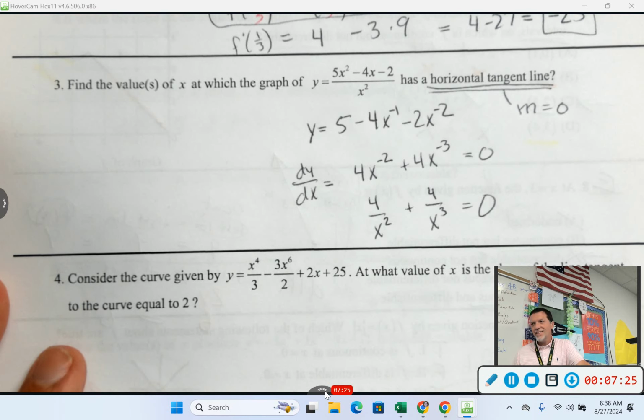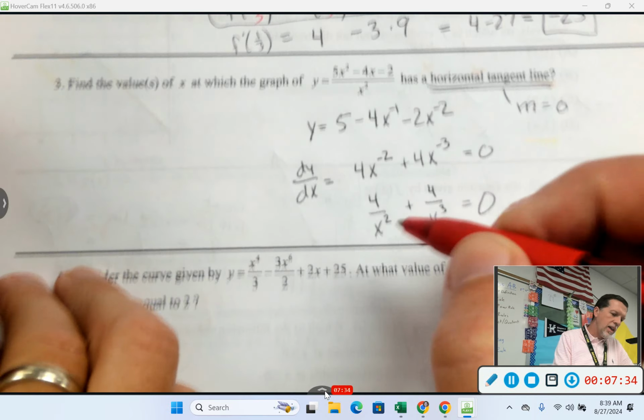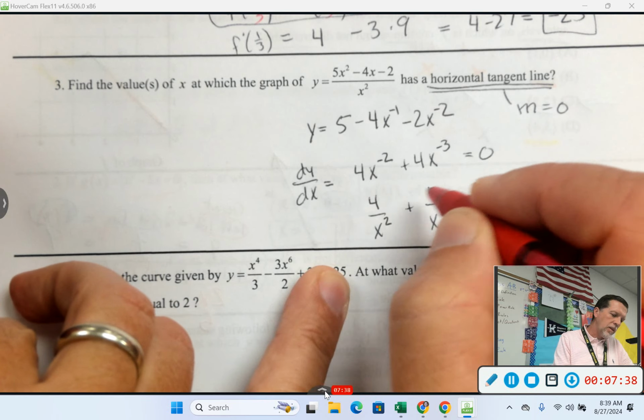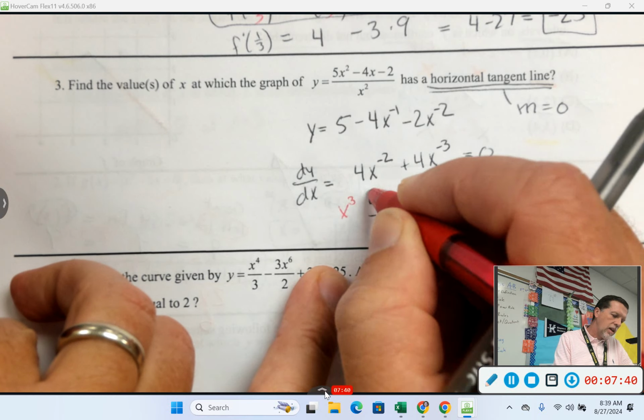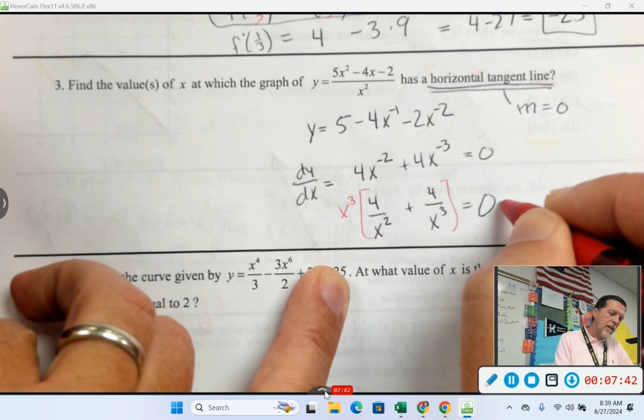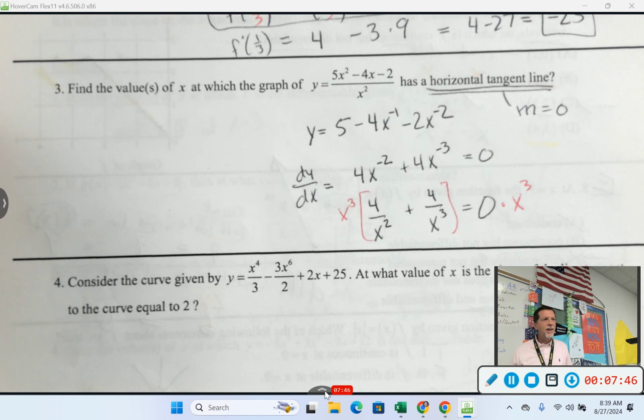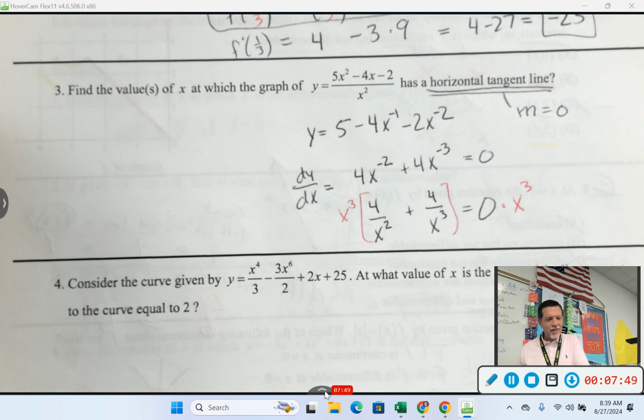No ideas? I think I would multiply, when you say multiply them both by x cubed. Like this. That's okay. I like that idea. Just make sure you multiply both sides by x cubed. Although it kind of doesn't matter on this one because it turns out to be 0.